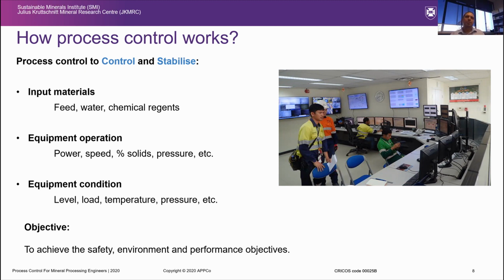If you look into a processing plant, you will find that there are many stabilizing loops running in the background trying to control different aspects of the process. And the main objective is, as I said, to achieve the safety, environmental, and performance objectives that are set for the process.